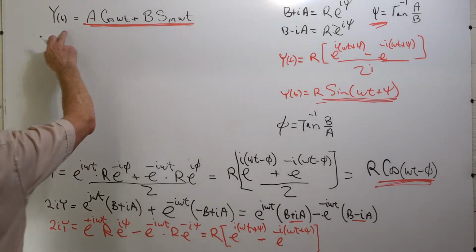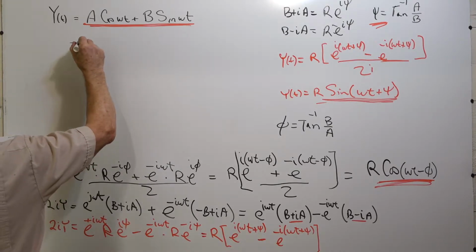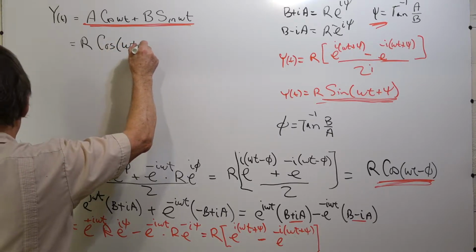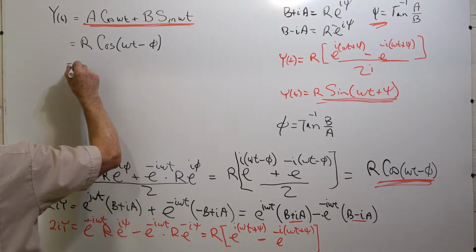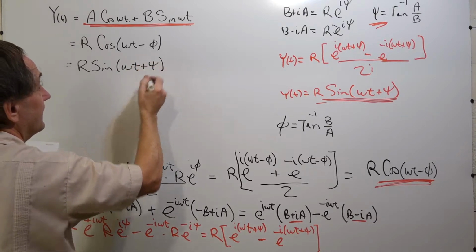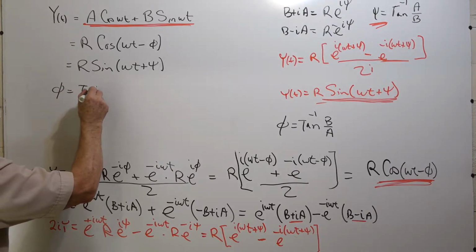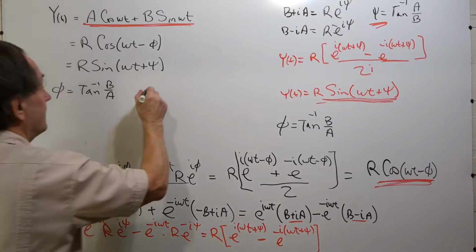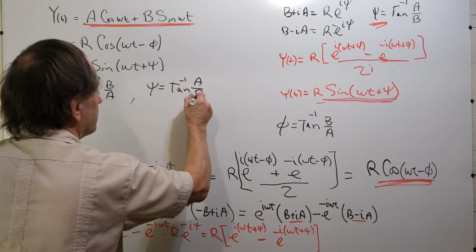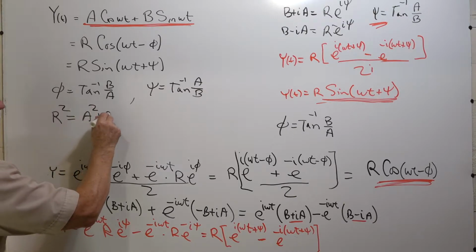So y of t is equal to A cosine omega t plus B sine omega t, and it can be written as R times the cosine of omega t minus phi, or R times the sine of omega t plus psi, where phi is the arctangent of B over A, and psi is the arctangent of A over B. And R squared is A squared plus B squared.